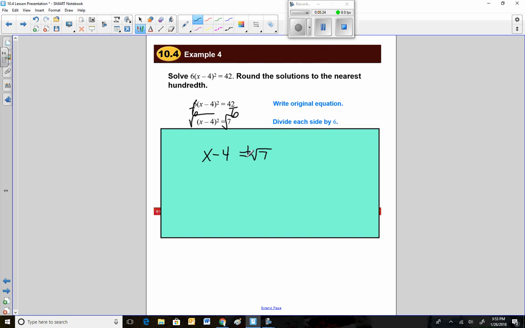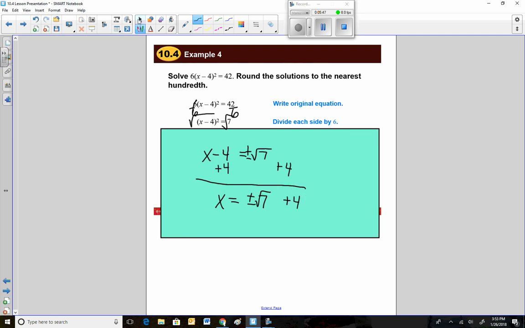Plus or minus, of course. And now, how do we get our final answer? See this minus 4? Well, let's move it over to the other side by adding it. And so, we get x equals plus or minus square root 7, plus 4.